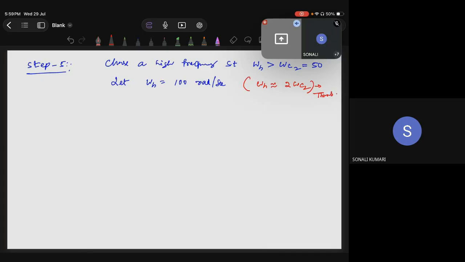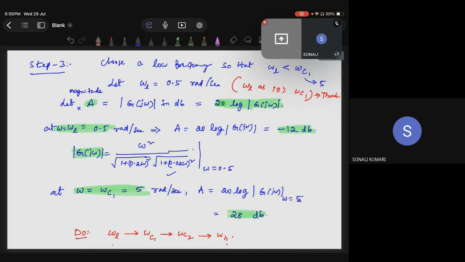Usually we choose like this, but you can also choose other values. It has to be greater than omega c2, that's all. Now, you took the value of omega L randomly, correct? No. Omega L is 0.5, which is 10% of omega C1. That's why I said thumb rule.